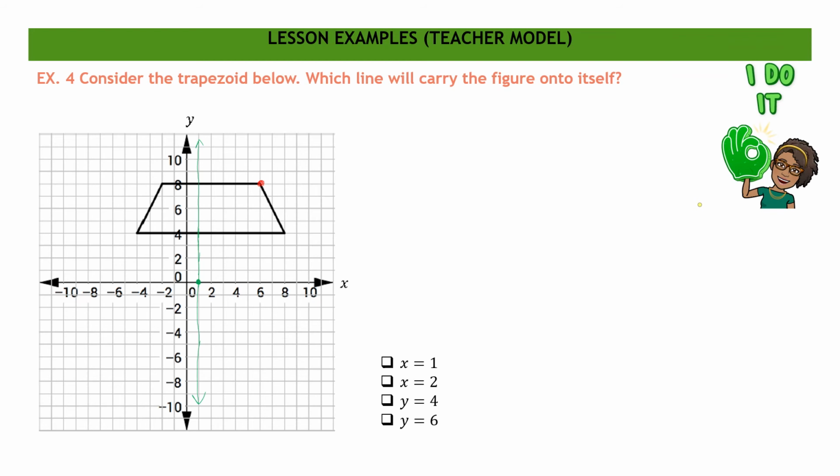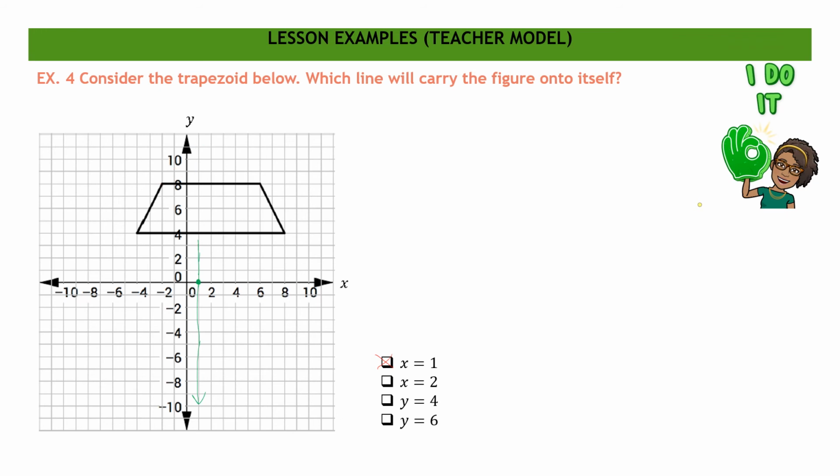How many units is it away from the reflection line? Well, let's count. 1, 2, 3, 4, 5. So it is 5 units away. And then if we compare it with this vertex on the opposite side, this one is only 1, 2, 3. So we see that's not even. So we know that x equals 1 is not correct as being the line of reflection.